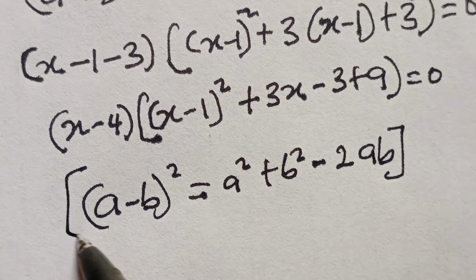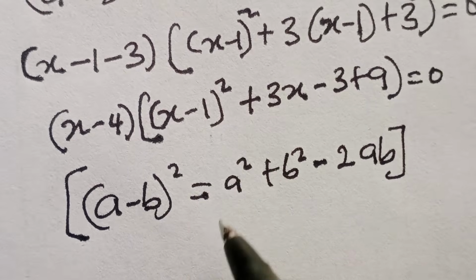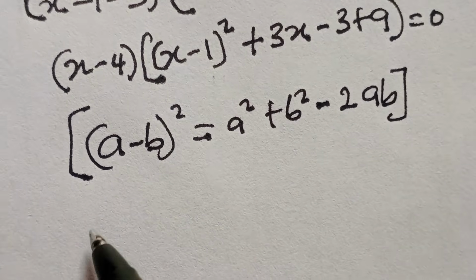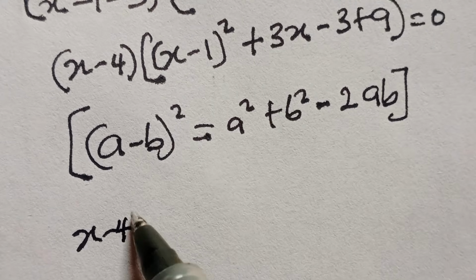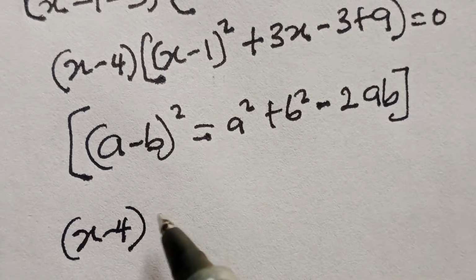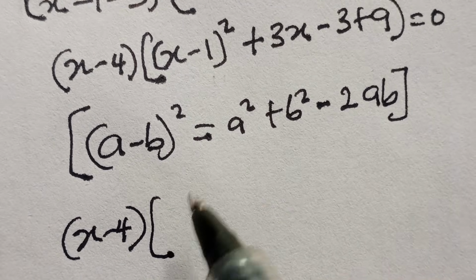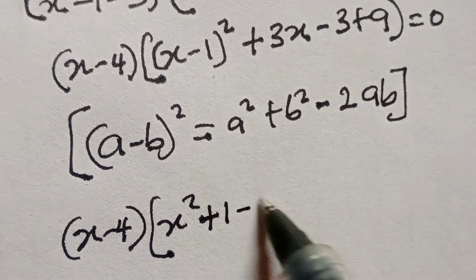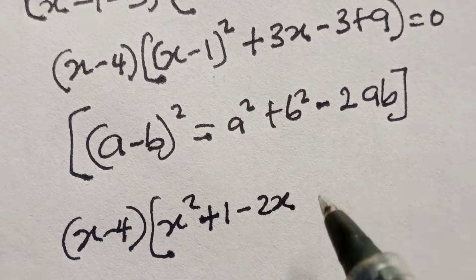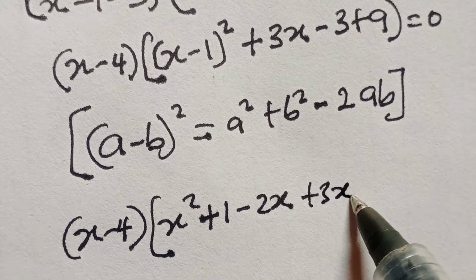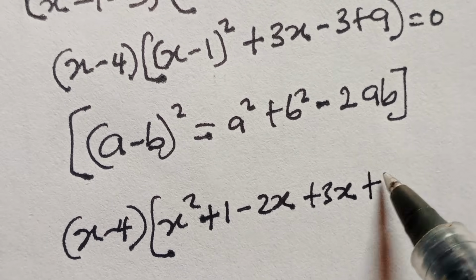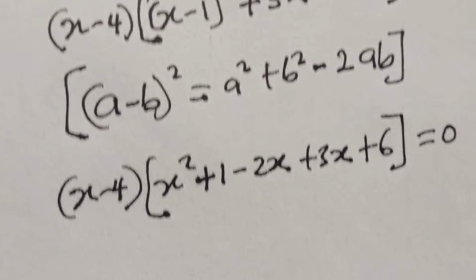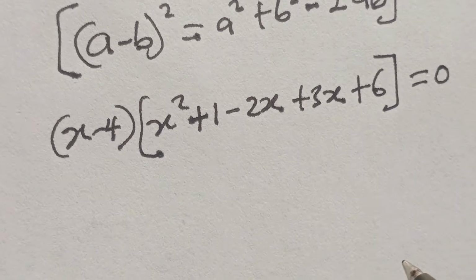When you apply this to x minus 1 squared, you will now have x minus 4 into brackets x squared plus 1 minus 2x plus 3x plus 6, everything equal to 0.